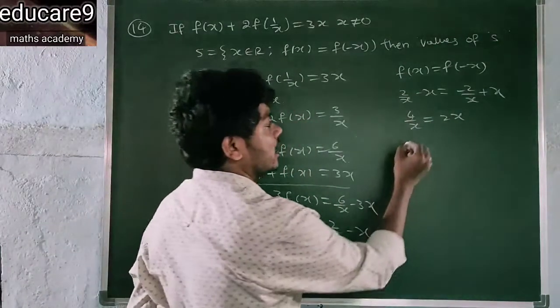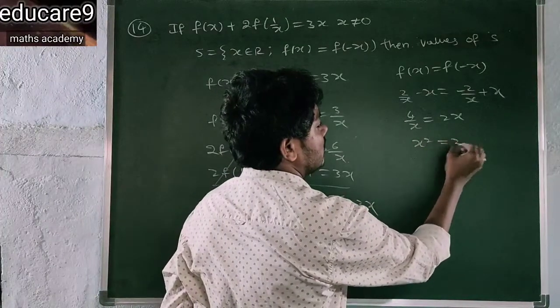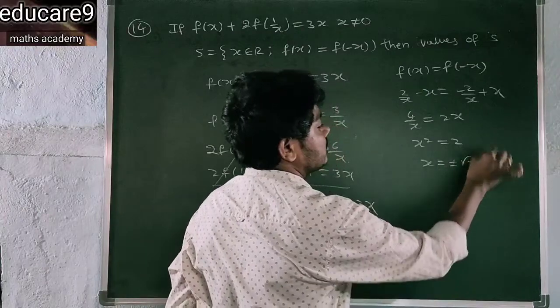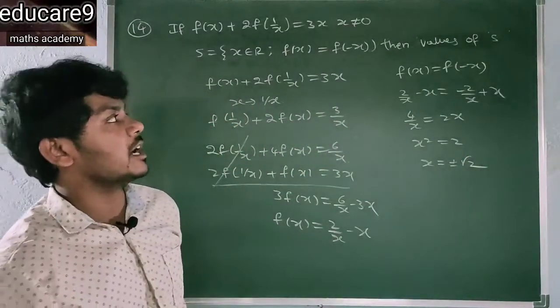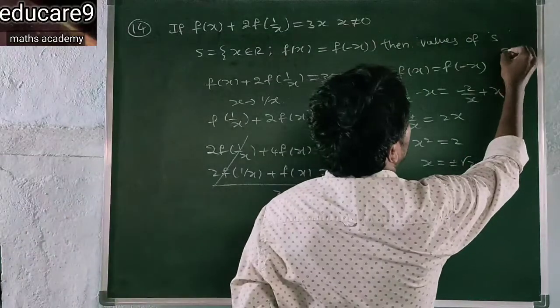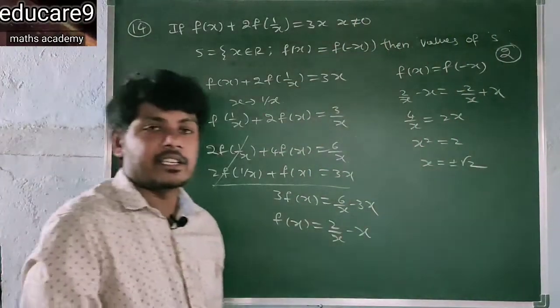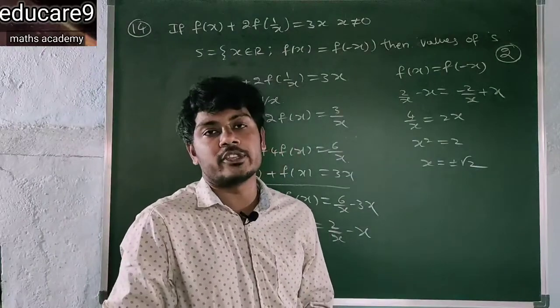Now x square is equal to 2. So you get x is equal to plus or minus root 2. So clearly the total number of values of x is 2. So for the next session we will discuss the proofs in mathematics.